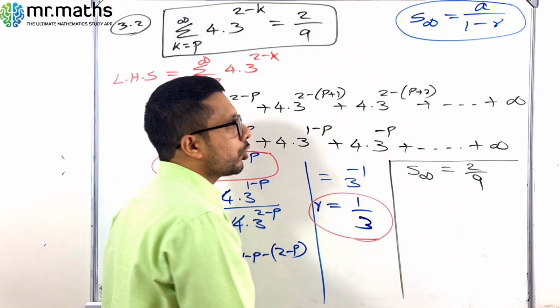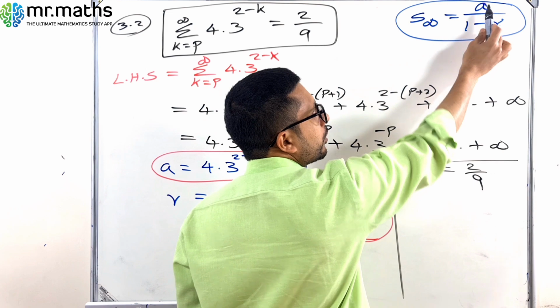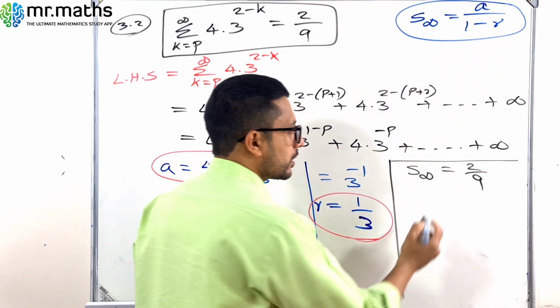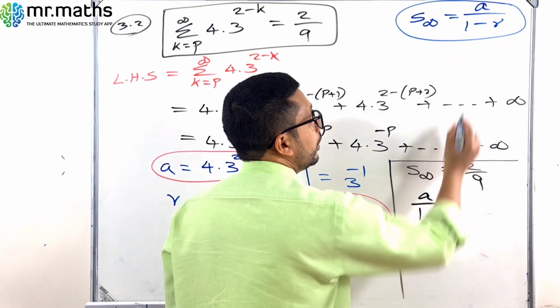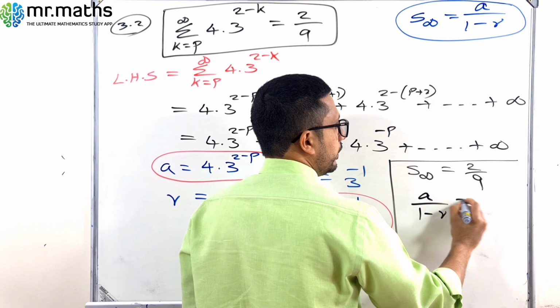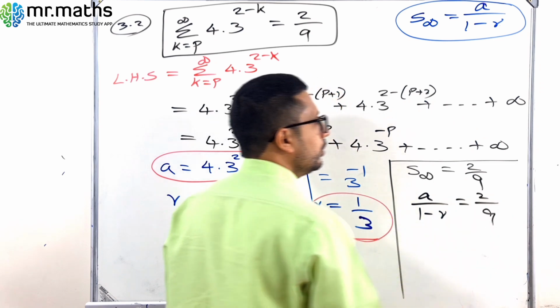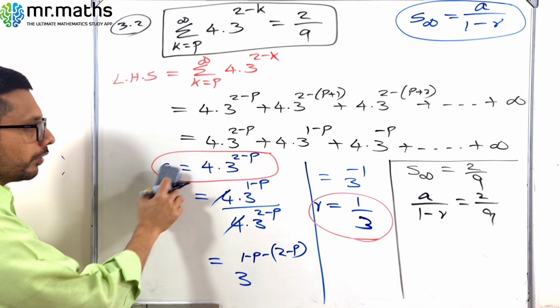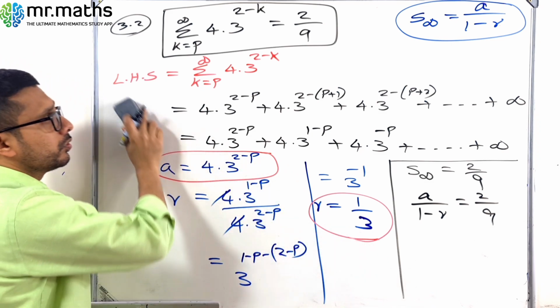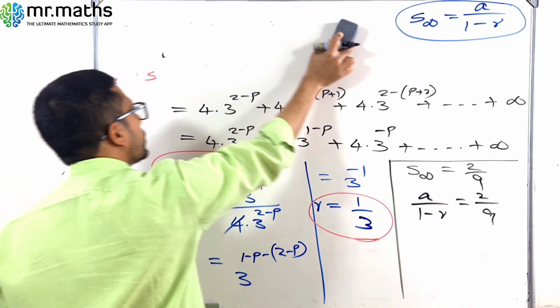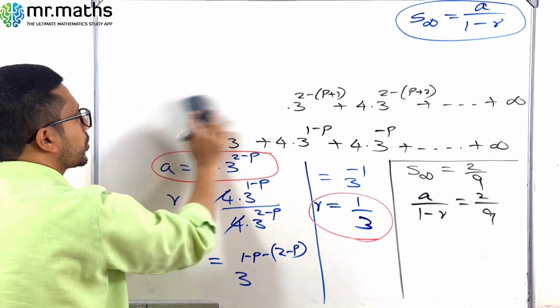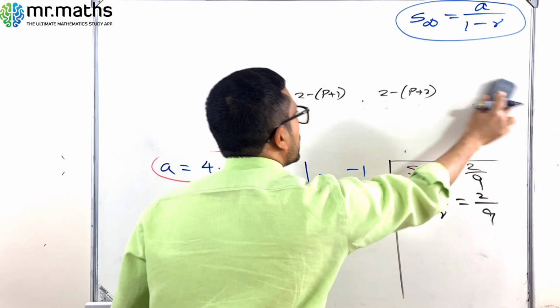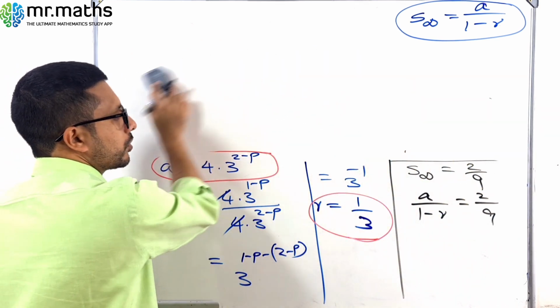So in the case of a geometric series, we know the formula to find the sum to infinity: a divided by 1 minus r, and that is given as 2 over 9. Now we know the values of a and r, so substitute the values. Those who didn't write this, pause the video and write it.